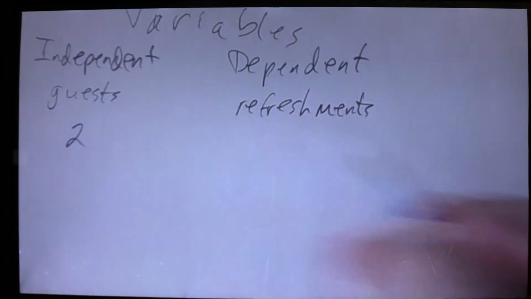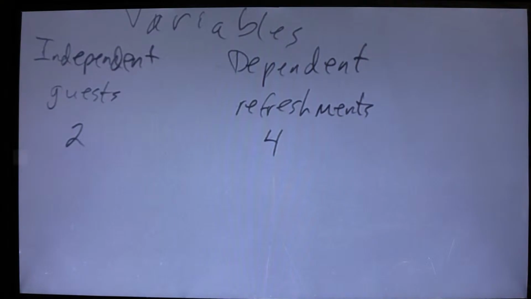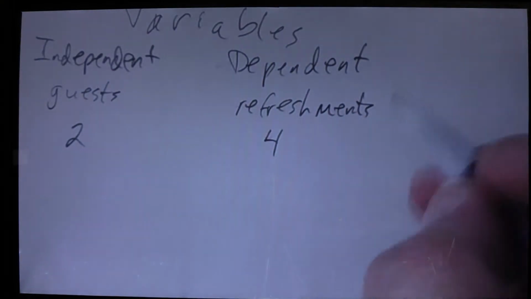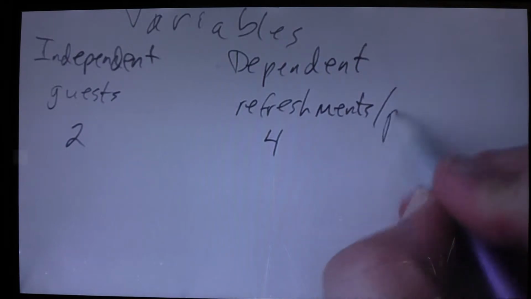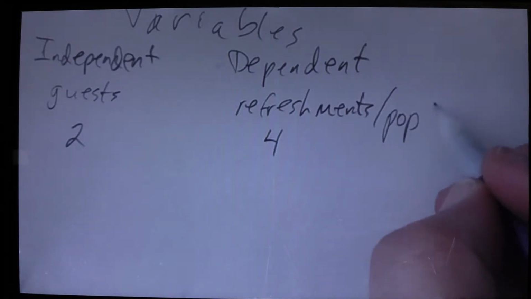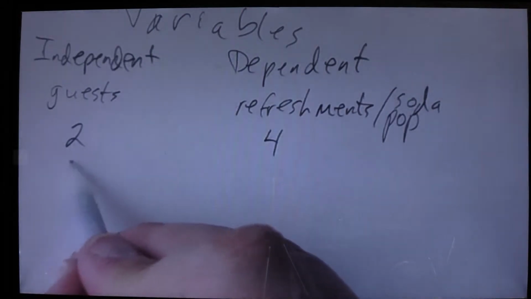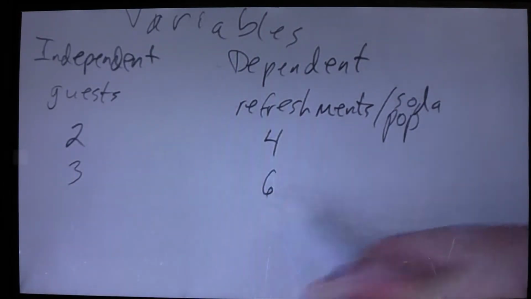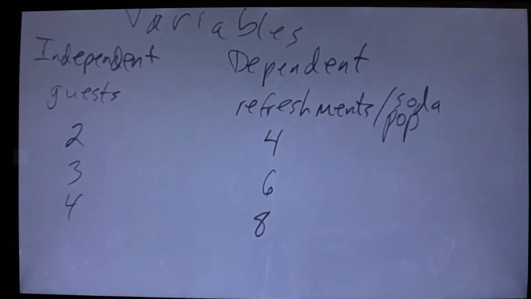If I have 2 guests, then I want to have about 4 pops, because if somebody drinks one a little bit later before they leave the party, they might want another one. Another word for pop would be soda. If I have 3 guests, then I might need 6 soda pops. If I have 4 guests, I might need 8 pops, something like that.